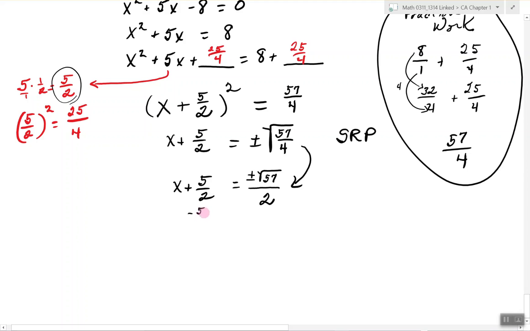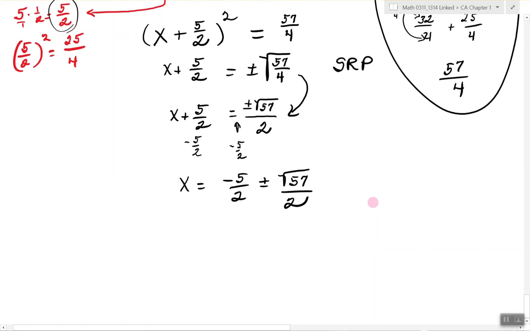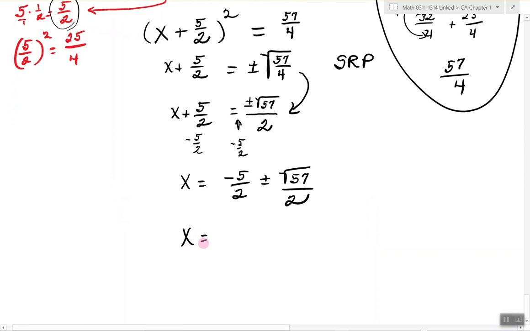Subtract 5 over 2, subtract 5 over 2, I get x is equal to negative 5 over 2 plus or minus the square root of 57 over 2. Because those have the same denominator, let's combine them.